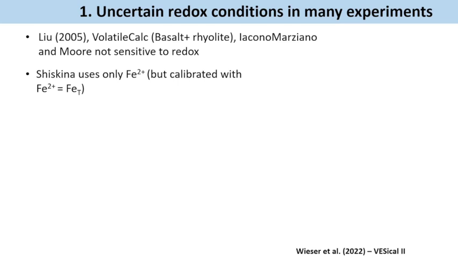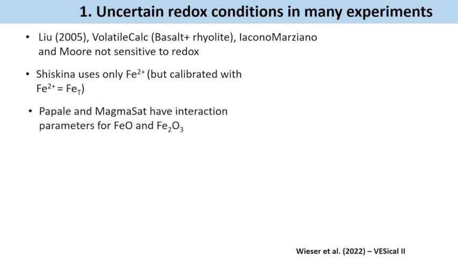That is because of their 48 experiments, only 7 had any constraint on the amount of Fe3+. So they decided it would introduce less error to not try and parameterize it. So when you're using this model, you might also want to use Fe total because that is how it was calibrated.